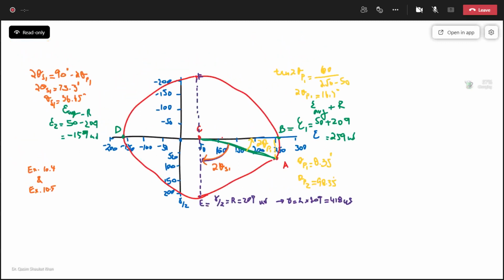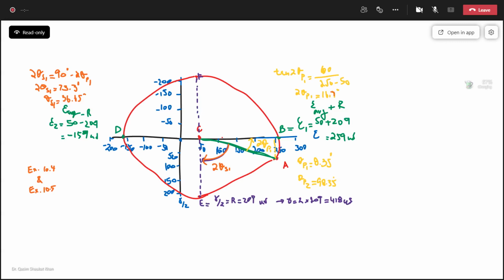Minus 40. So if we use another color here, done. So this angle 2 theta p1 was 16.7.